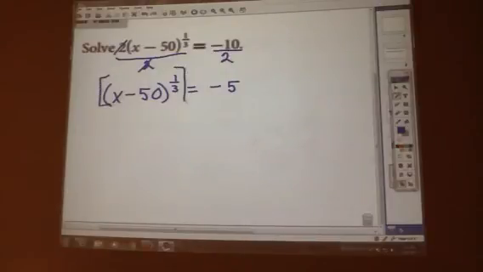Okay, multiply it by 3, which means I'm going to cube it. X minus 50 equals, what's negative 5 cubed? Negative 120.